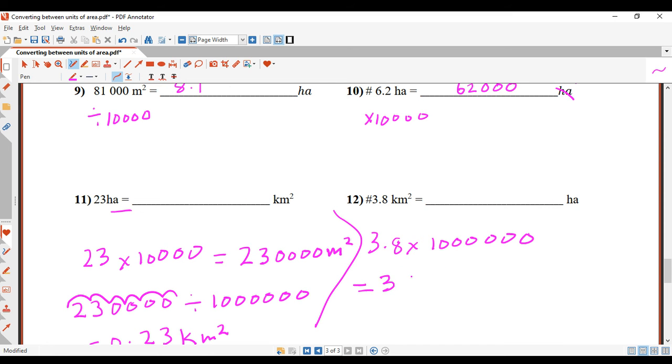So there's 3 and 8. The decimal point starts there. I'm going 1, 2, 3, 4, 5, 6 places to the right. Put the zeros, decimal point goes there, zeros there. Okay, now that is square metres.